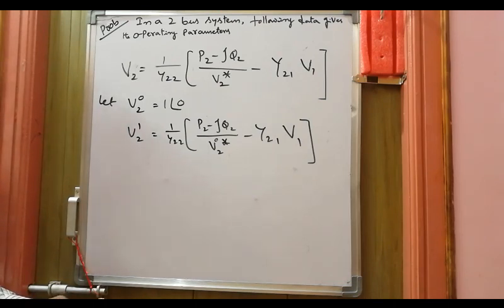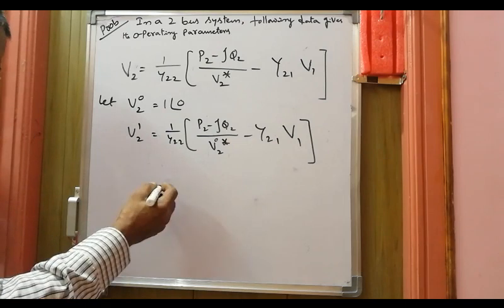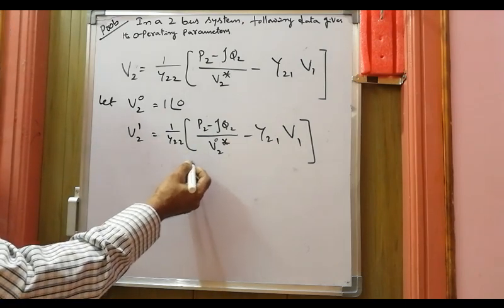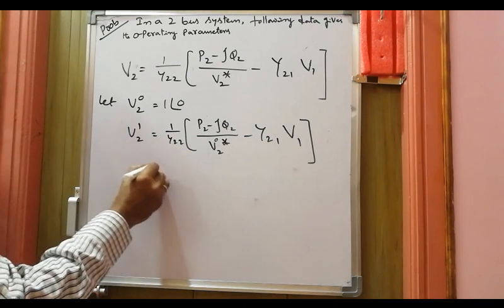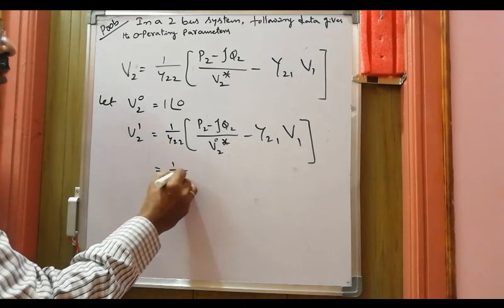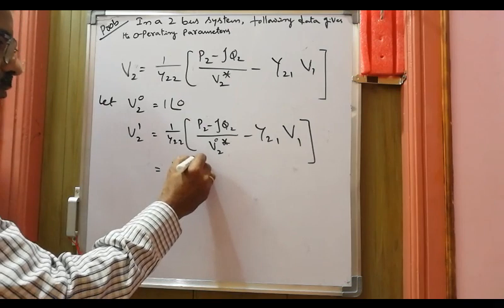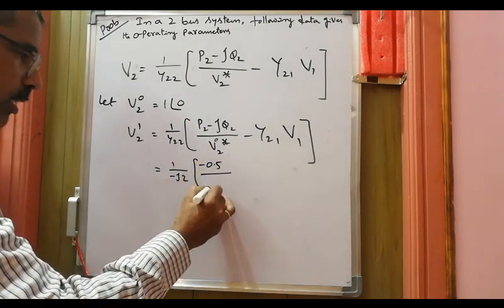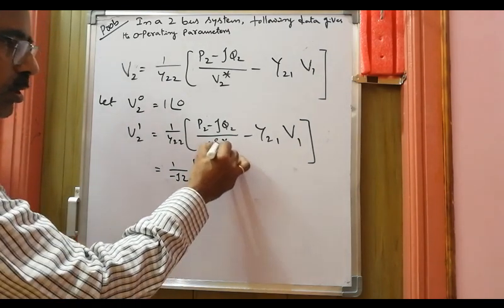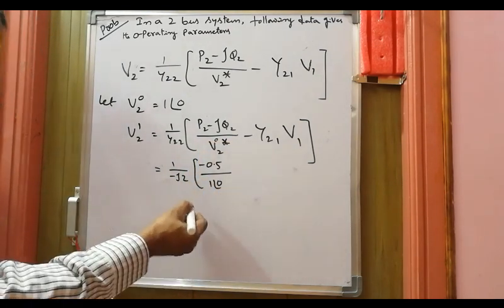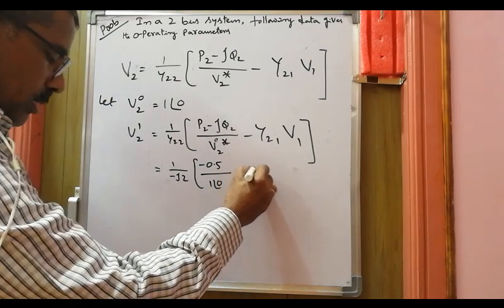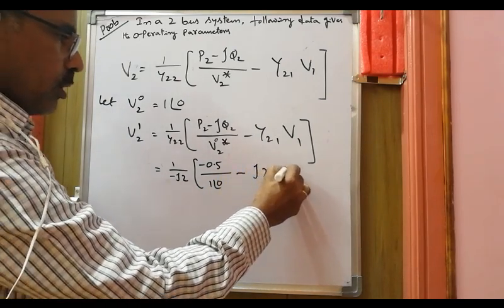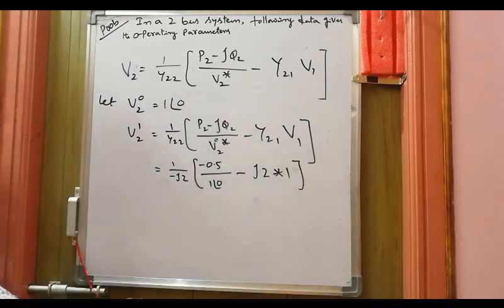So I will be writing for V21: 1 by minus J2, times minus J0.5 divided by 1 angle 0. Even if you take conjugate of 1 angle 0, it is same, minus minus J2 into V1, which is 1 angle 0 given. So that is the expression.